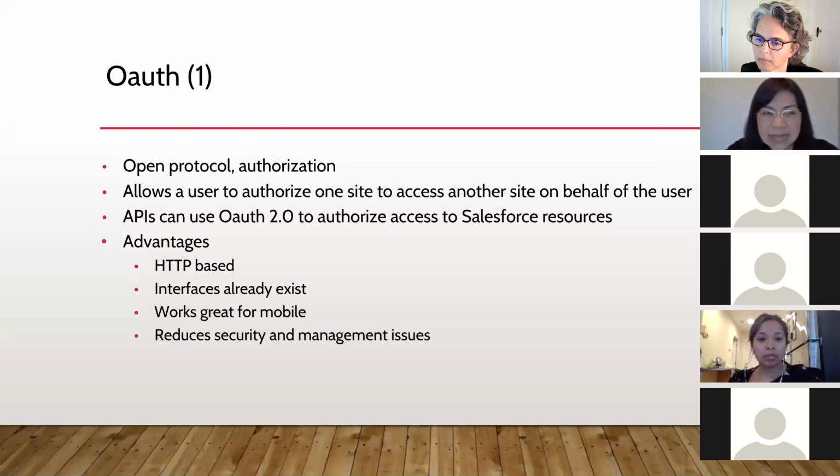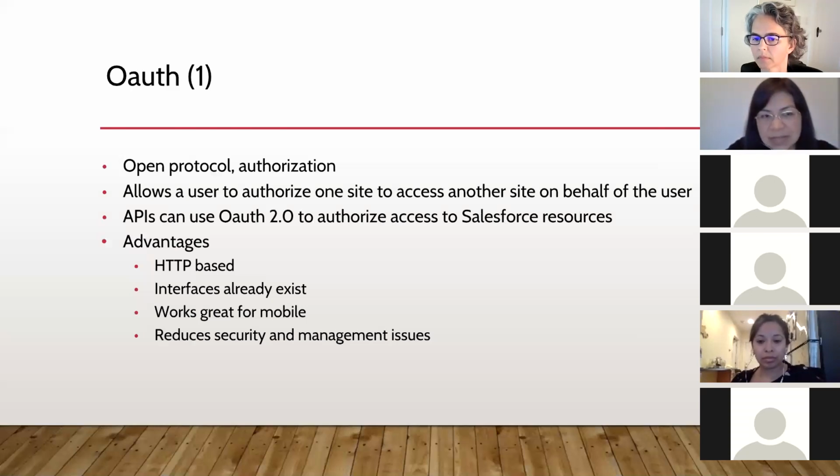For integrations, we can use OAuth for a user to authorize someone external to use the resources in Salesforce. The advantages of using OAuth are that it's HTTP based, so it's kind of simple. Well, simple in the way that the infrastructure is already set up, we are just using it.